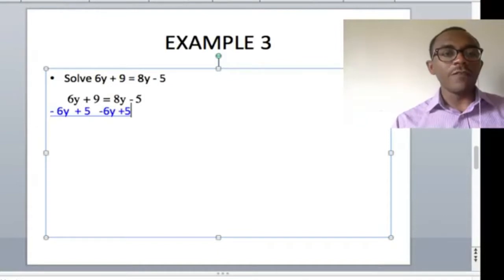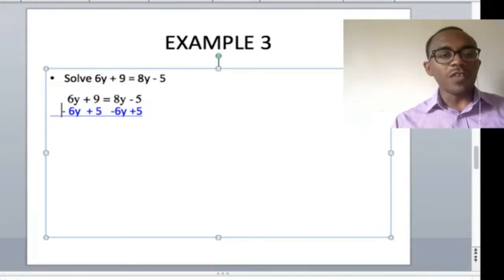Okay? So I decide to move the y's to the right and move the numbers to the left side. So what do I do? I remove the 6y and put it there. So I subtract 6y on both sides.